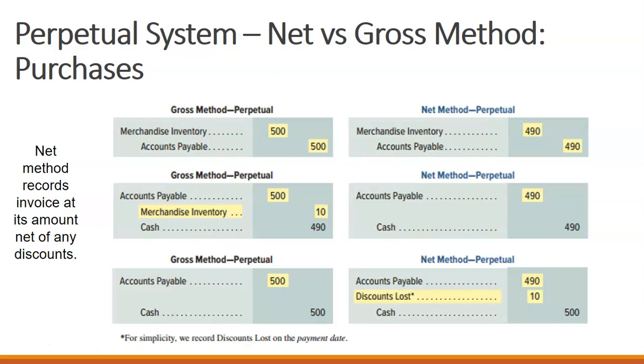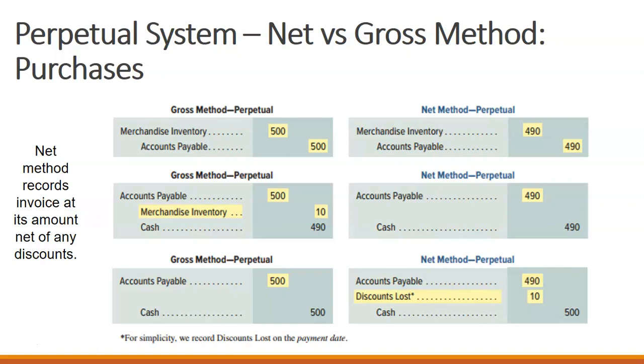And then in the bottom journal entry, the net method perpetual, if we don't pay that in time, then we have an account called discounts lost when we pay it. Okay? So these are just two different ways to record the same exact information.